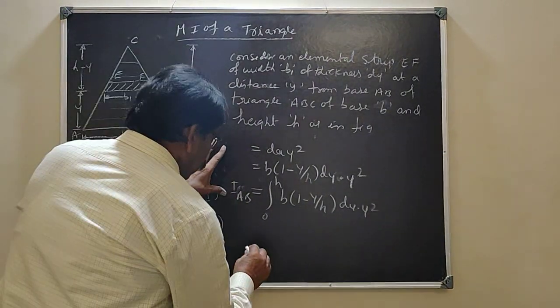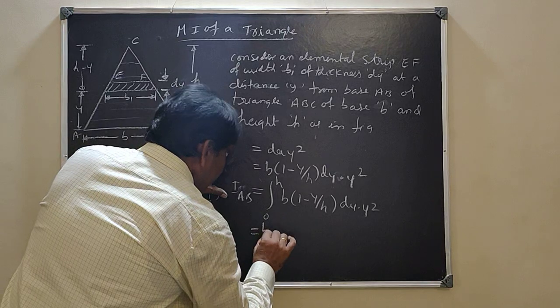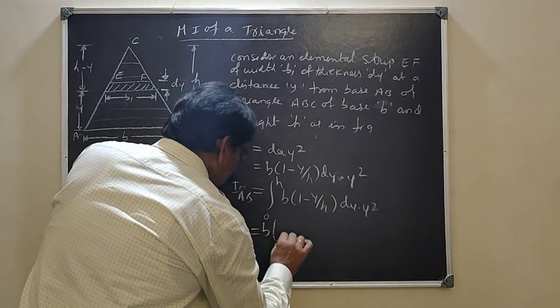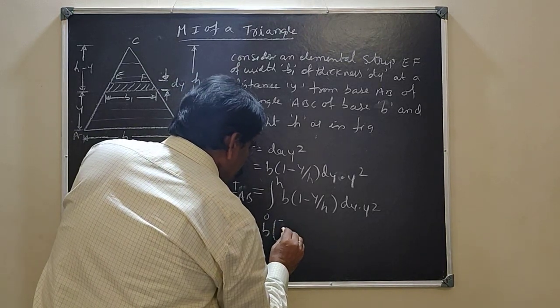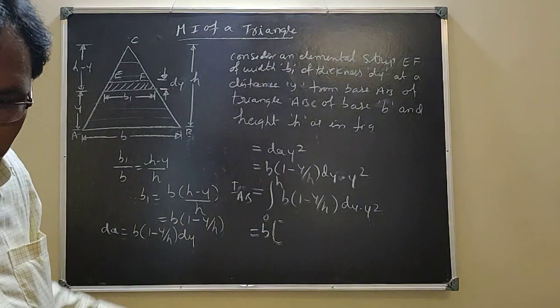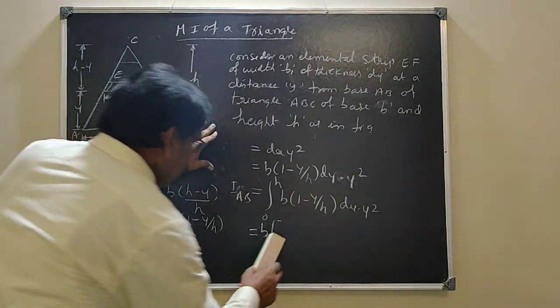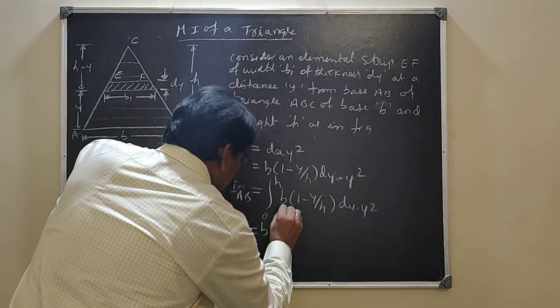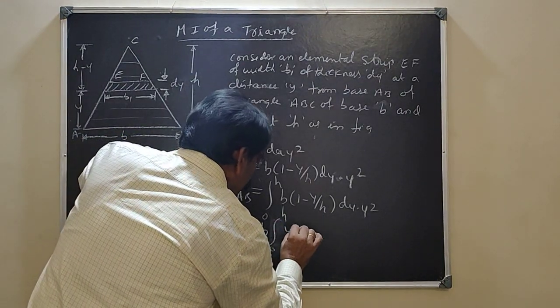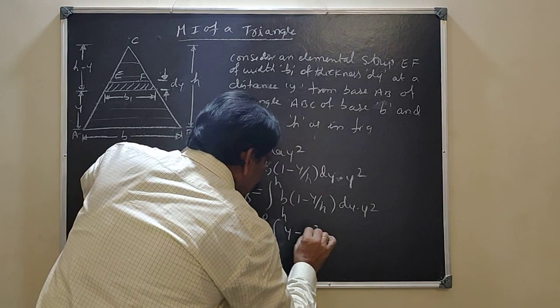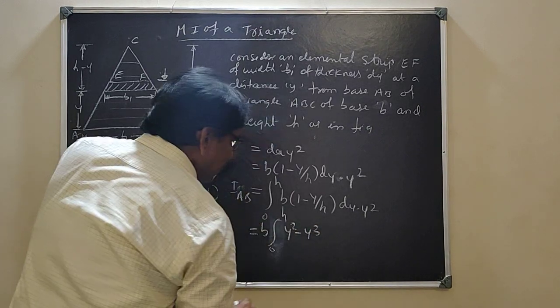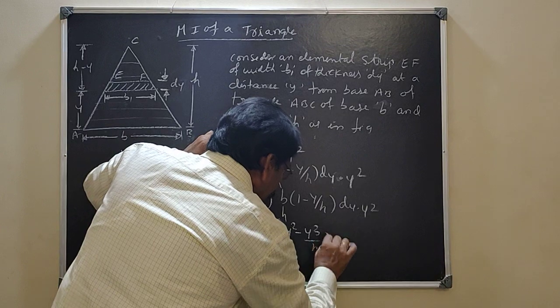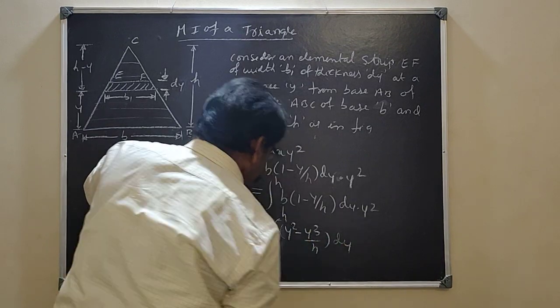Now integrating this, B is outside. Before that we simplify. Integral 0 to h of y square minus y cube divided by h into dy.